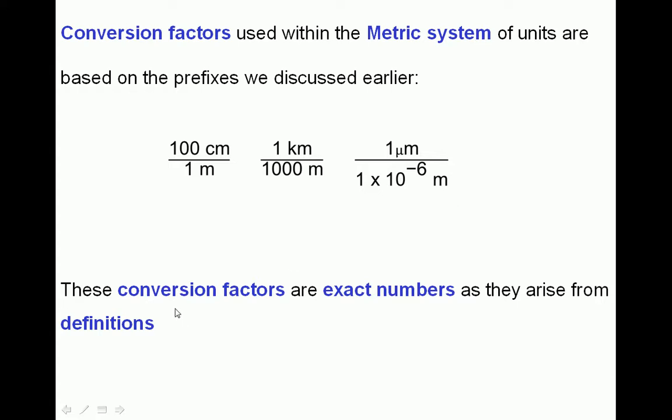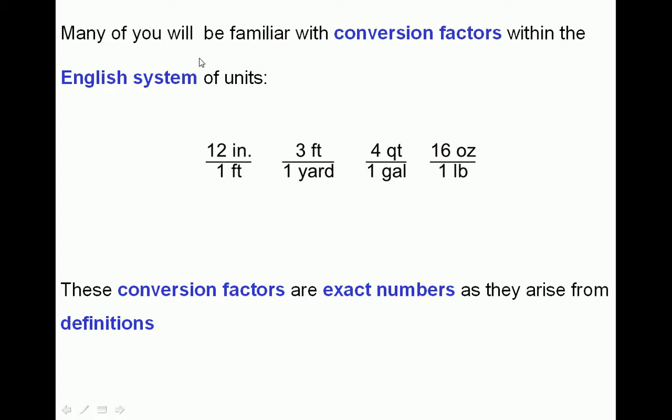And because these conversion factors arise from unit definitions, there is no uncertainty about them. They are exact numbers and they do not impact the number of significant figures of the measurements that we are using them on.